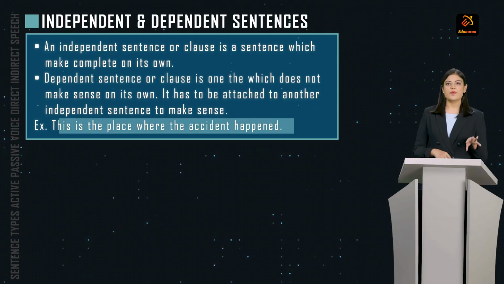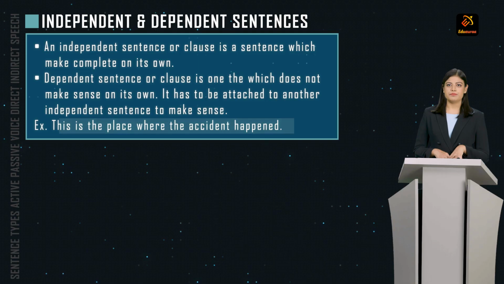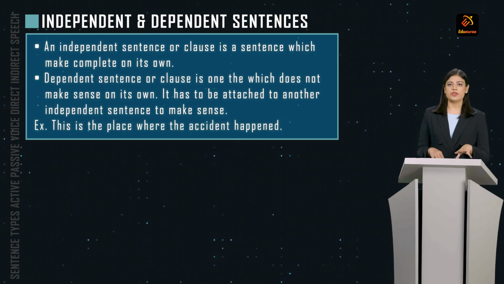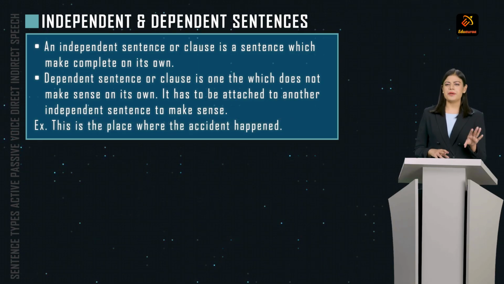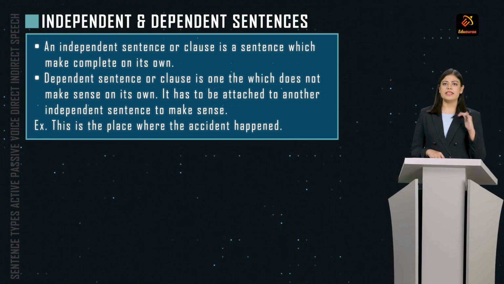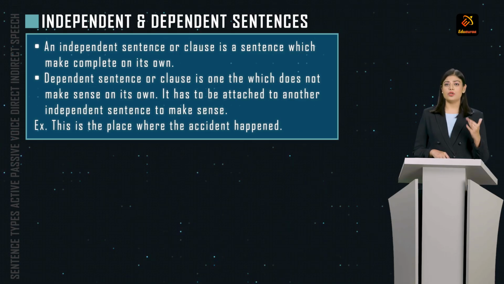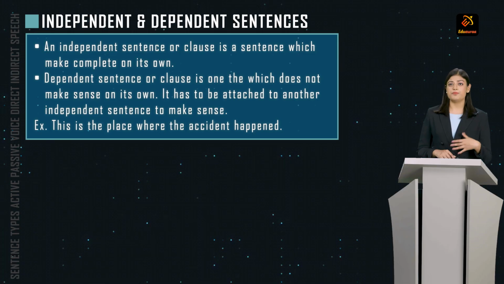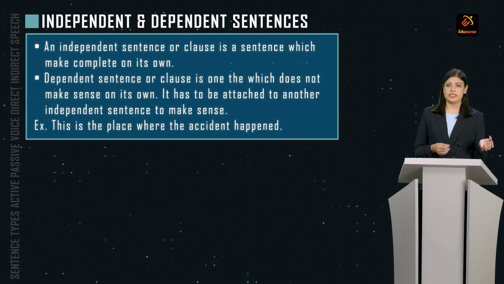Let's take simple basic examples to understand this difference. An example of an independent clause would be, this is the place where the accident happened. The sentence makes perfect sense on its own, right? Don't try to identify subjects, verbs, and objects in it right now. The identification part takes a lot of work and a lot of practice, so you can do that in your free time.